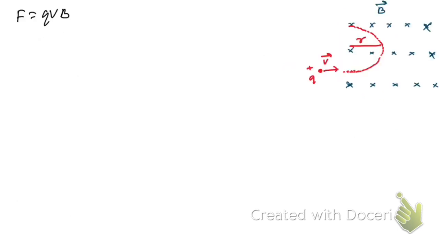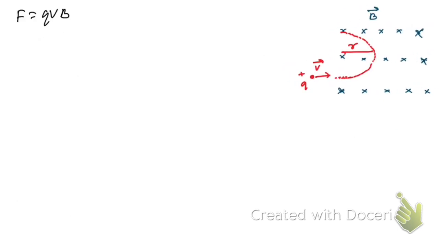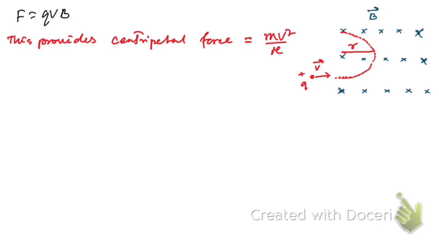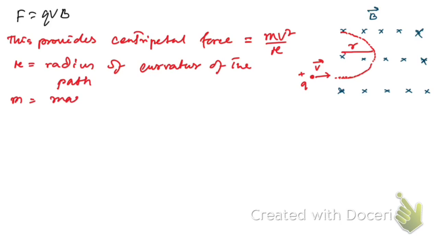As you can see, as it takes a circular path due to this force, this force provides the centripetal force, which is equal to mv square by r, where r is the radius of curvature of the path, and m is the mass of the charged particle.